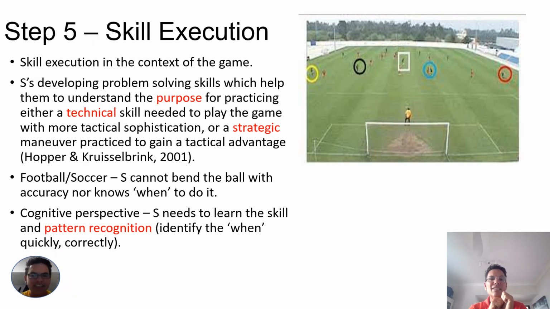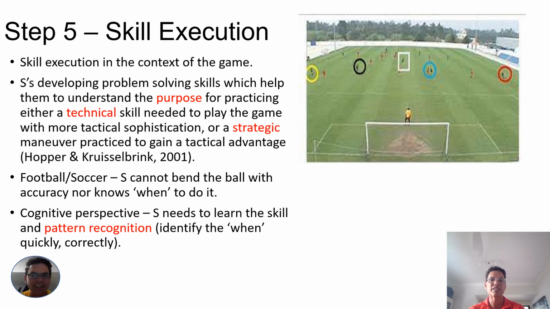Step 5, skill execution. Skill execution obviously needs to be done in the context of a game, so that you help the student understand the purpose for practice of either a technical skill or a strategic maneuver. So we're going to use soccer here as an example. Let's say that a student is unable to bend the ball with accuracy, nor do they know when to do it.